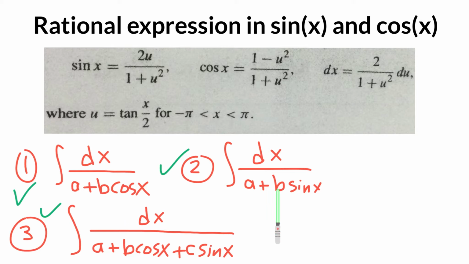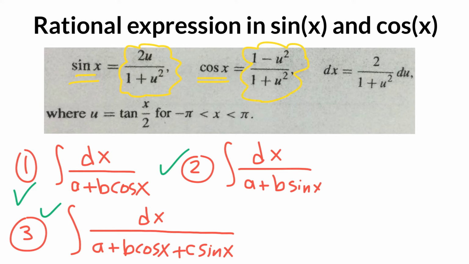So if the problem comes like number one, two, or three, we must substitute for cosine x, sine x, and dx. Sine x must be substituted by 2u over 1 plus u squared, and cosine x by 1 minus u squared over 1 plus u squared.